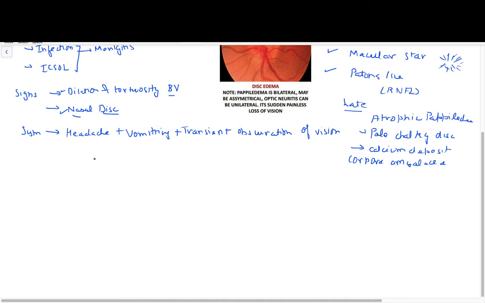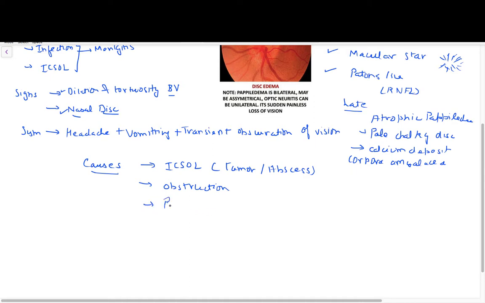Now you should also know the causes of papilledema. As I earlier told, intracranial space occupying lesions like tumors or brain abscess can cause papilledema. Also, any obstruction in the CSF flow can cause papilledema.